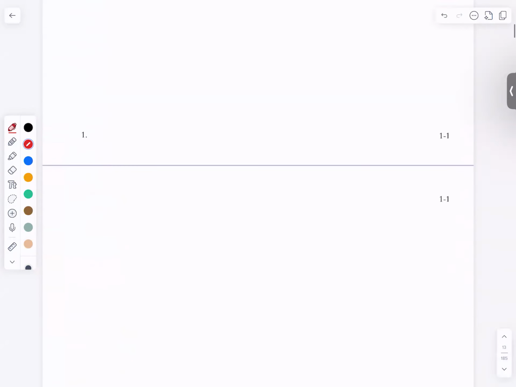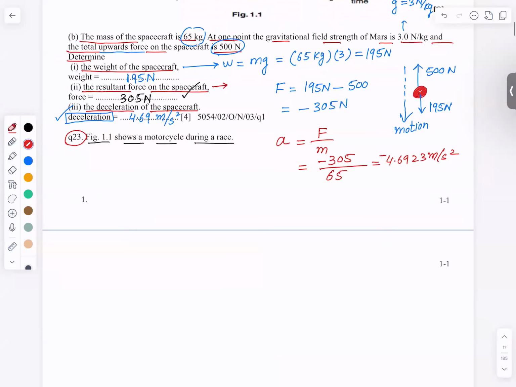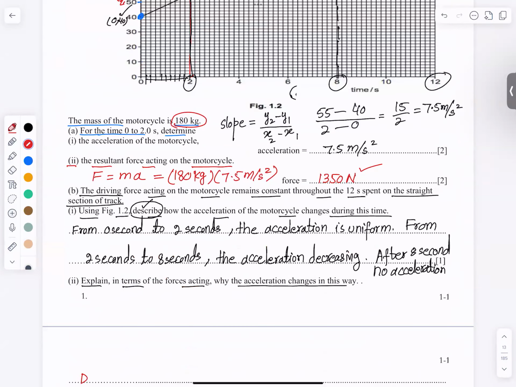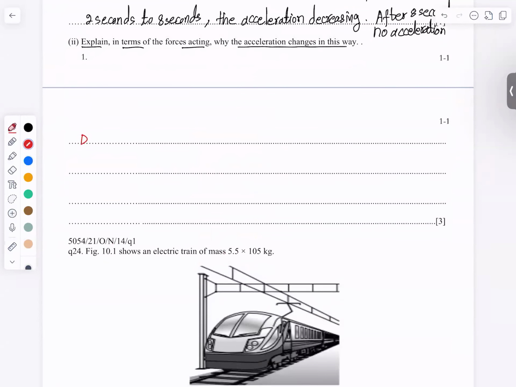They have given this somewhere. Acha. The driving force remains constant. It is given here. I was searching for this. The driving force is constant, then obviously resistive forces are changing.